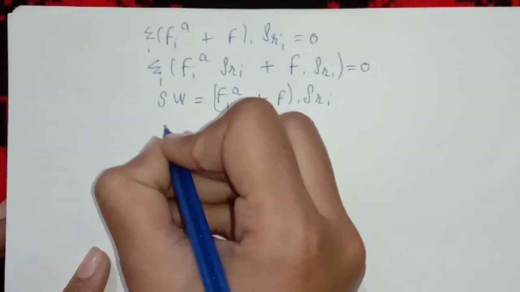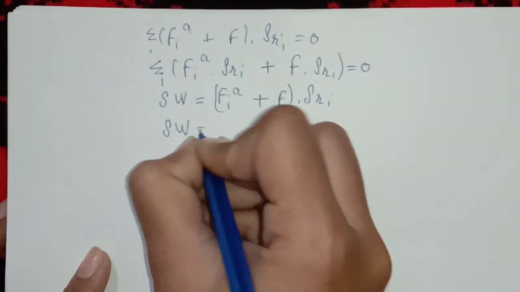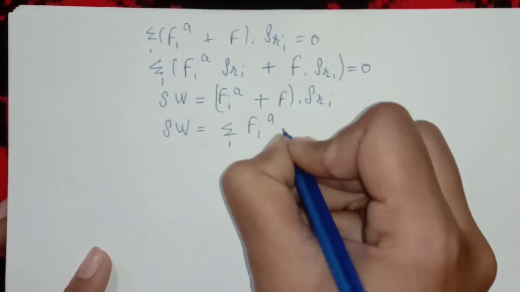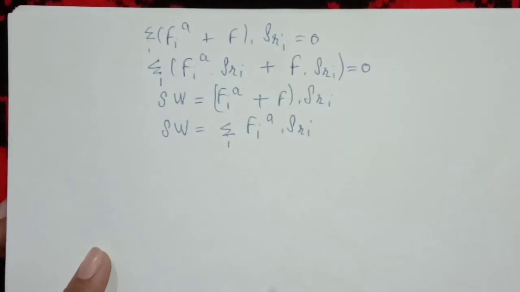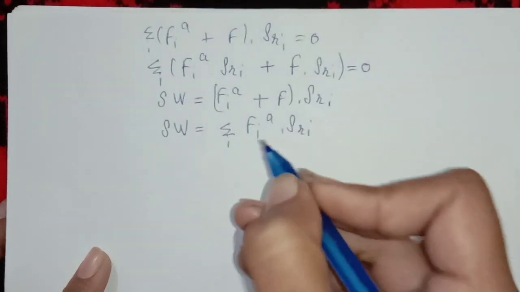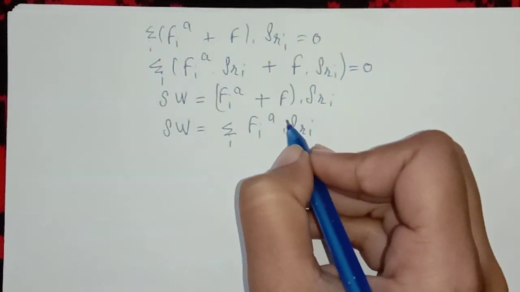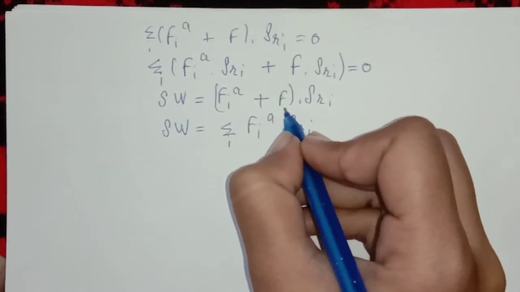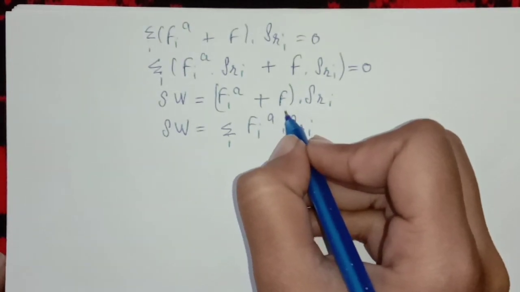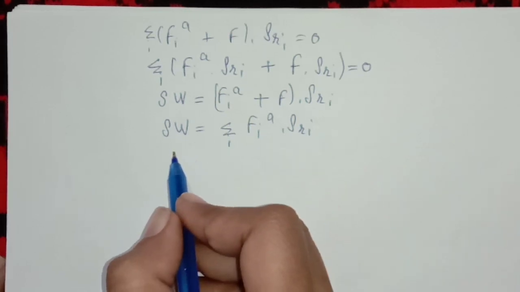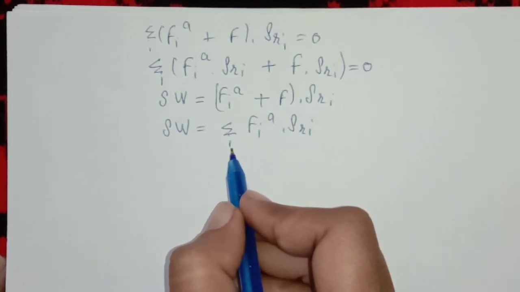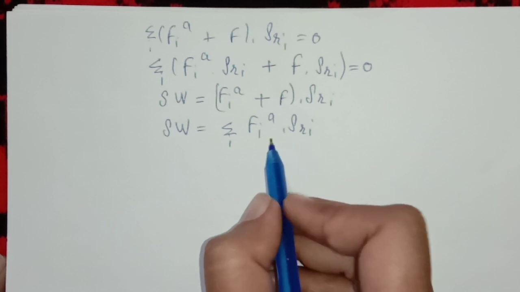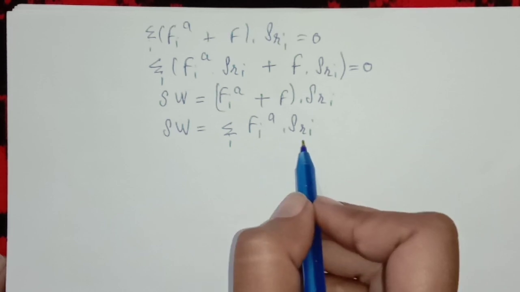So we get delta W equals summation i Fia dot delta Ri. That means in equilibrium our constraint force will be 0.